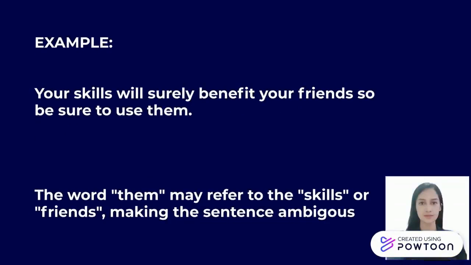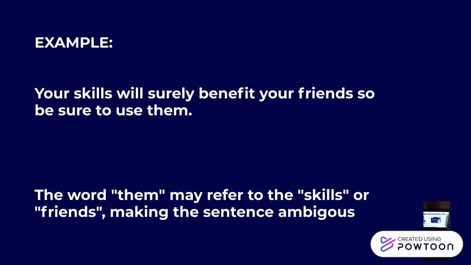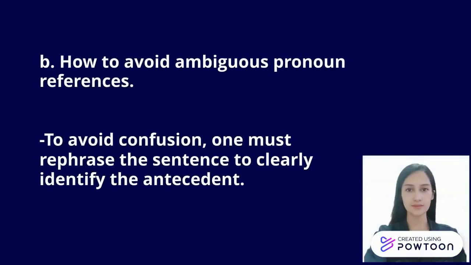For example, your skills will surely benefit your friends, so be sure to use them. The word them may refer to the skills or friends, making the sentence ambiguous. B. How to avoid ambiguous pronoun references. To avoid confusion, one must rephrase the sentence to clearly identify the antecedent.